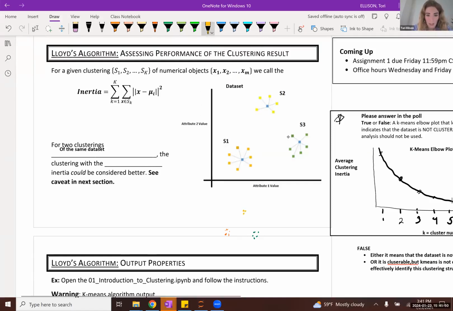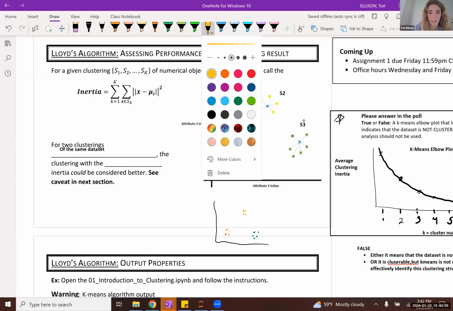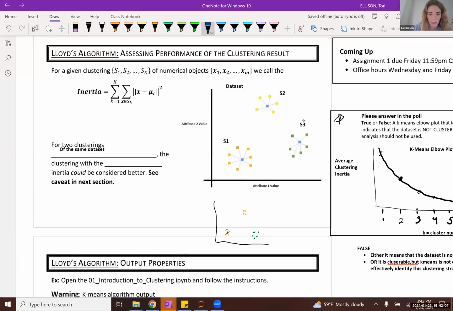So maybe we just took the x-axis value and the y-axis value of this plot, and we simply divided by 2. And let's just say we created the following two respective clusterings here and here as well. So these are our new data points. These are our new centroids.